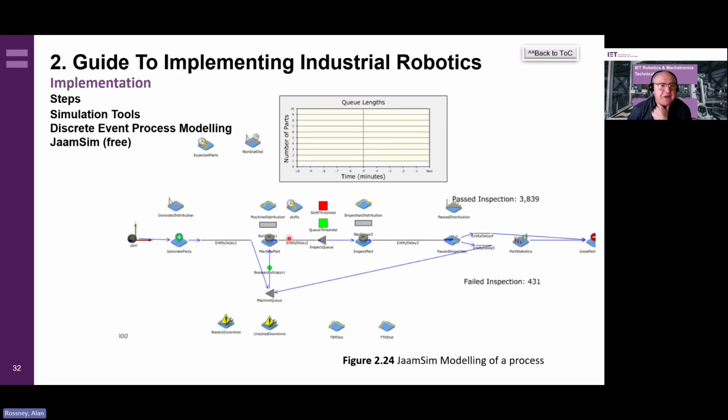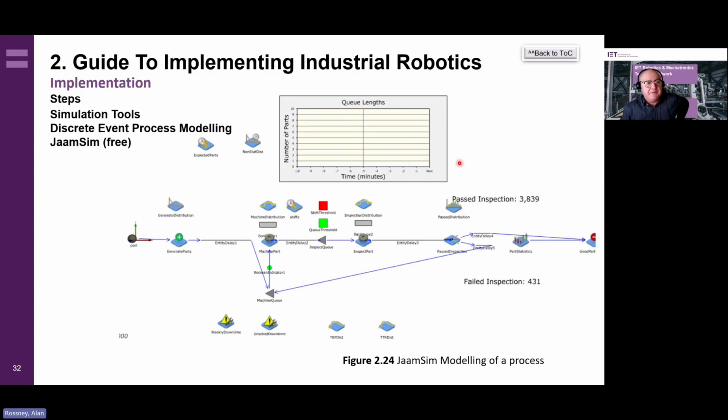You can see it's just a basic flow diagram: parts going in, you're generating the parts, machining the parts, inspecting, past inspection, statistics before you ship out, and you can graph them then, showing the number of parts going through at a time, number of defects or whatever.